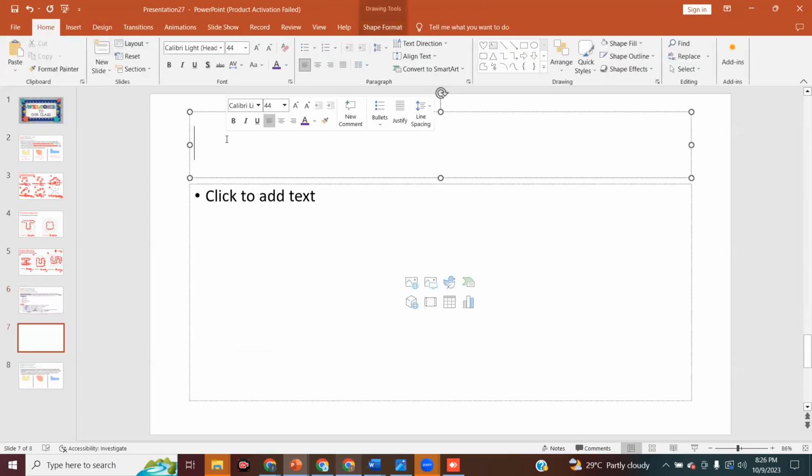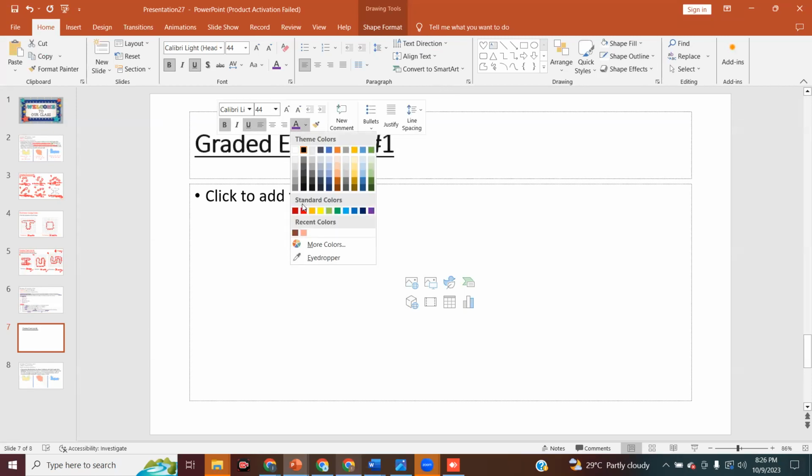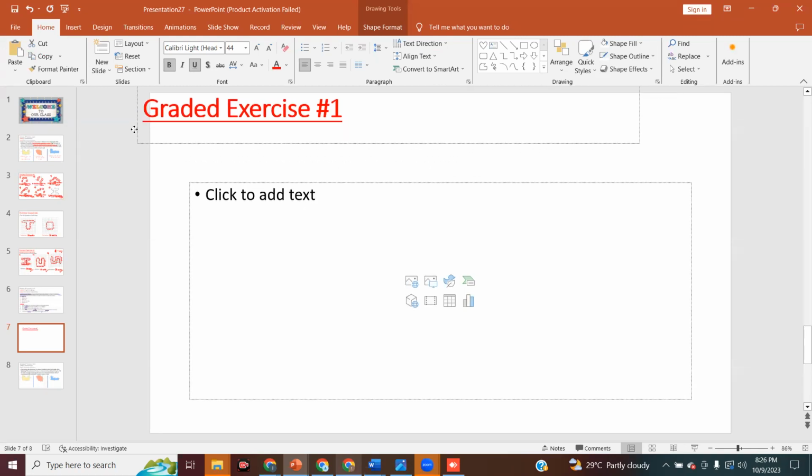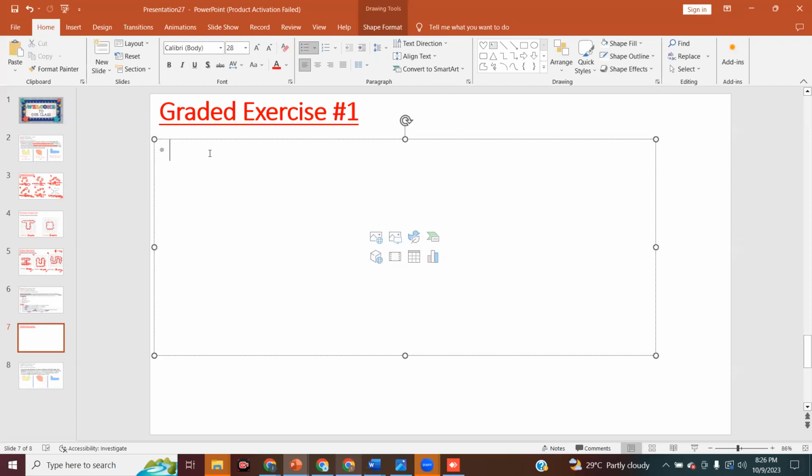Graded exercise number 1. All right, graded exercise number 1. Let's begin. So let's write down the instructions first. So remember, when you are posting your work to me, send me not only the graded exercise, but also the notes as well.